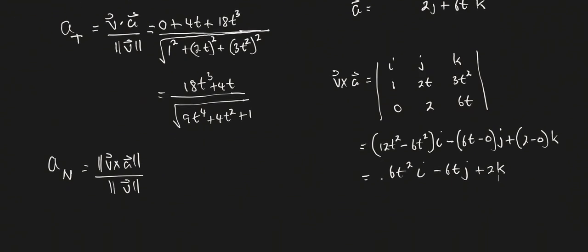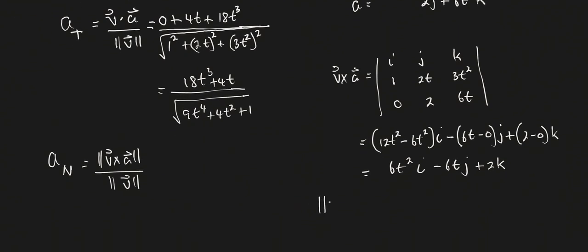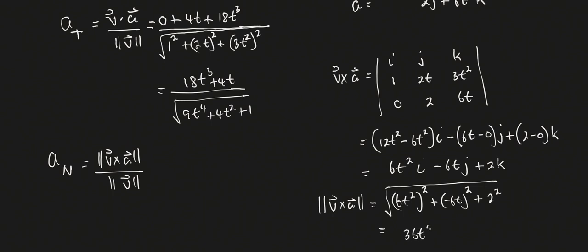Now we need the magnitude of this vector. So the magnitude is the square root of (6t squared) squared plus (negative 6t) squared plus 2 squared. And what do we have there? We have 36t to the fourth plus 36t squared plus 4, and this is all under the square root.